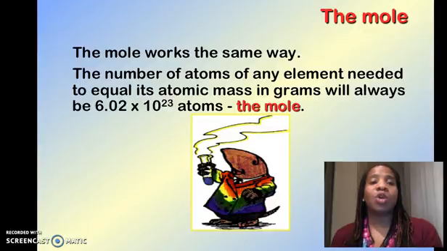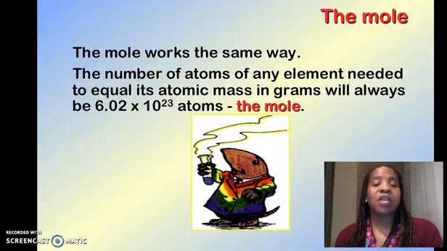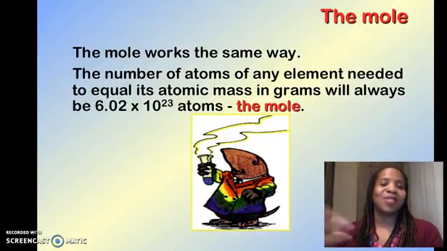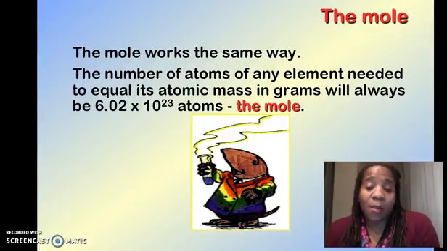So 1 mole of anything is 6.02 times 10 to the 23rd of that item. So a mole of atoms, 6.02 times 10 to the 23rd atoms. A mole of shoes, 6.02 times 10 to the 23rd shoes, right? So we can use this number to refer to anything because it's just that. It's just a number.